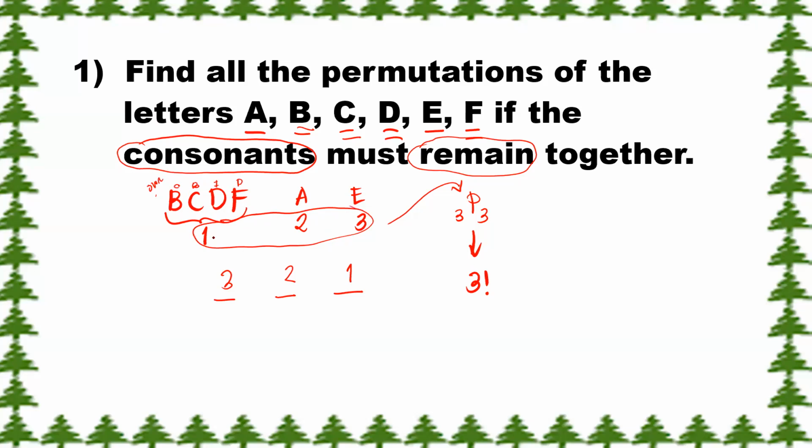So aside from considering that they are 1, and we have 3 letters to arrange, we have your 3 factorial, we also have their arrangement, and that is permutation of 4 taken 4 at a time, or also 4 factorial. 3 comes from the 3 letters, which is A, E, at yung group as 1, yung B, C, D, F. Well, 4 factorial is from the own arrangement of B, C, D, and F. Malinaw?